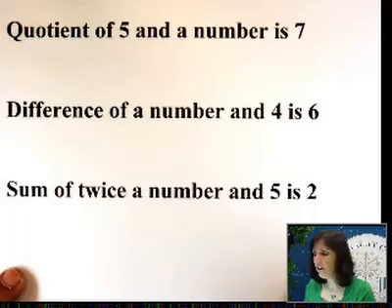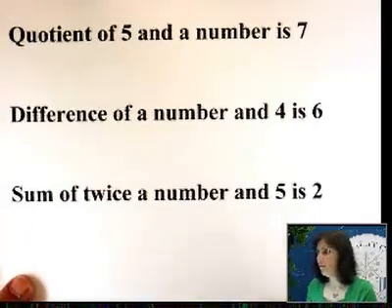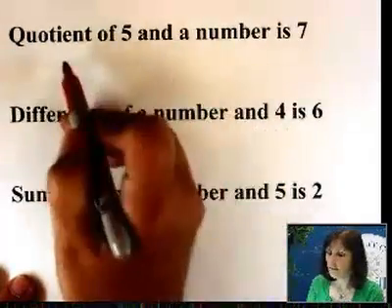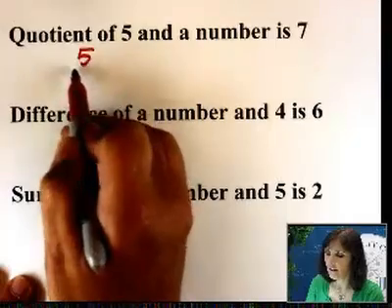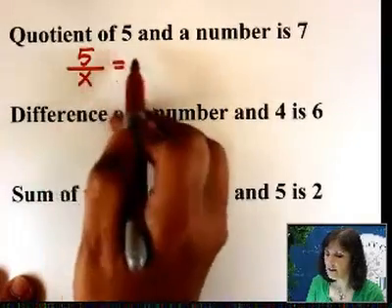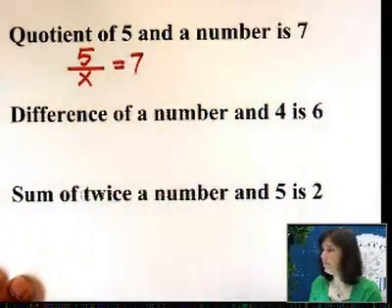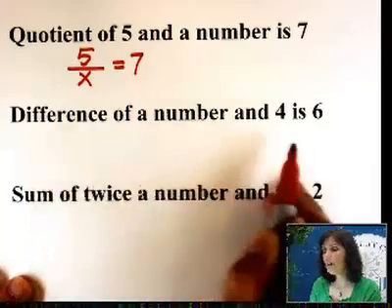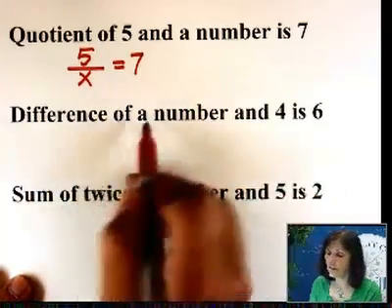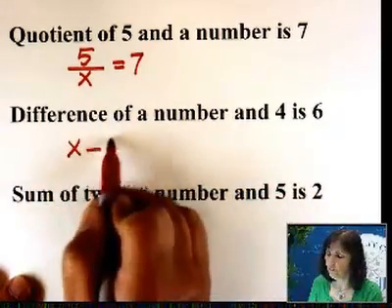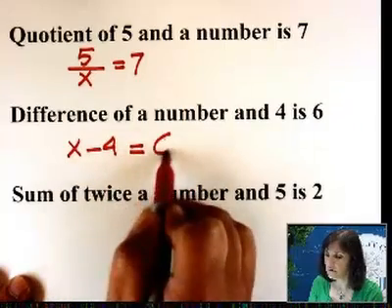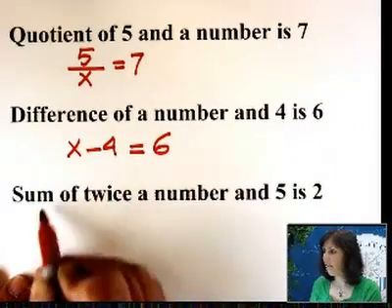Quotient of 5 and a number is 7. We are just writing down. Quotient of 5 and a number. What is that? Quotient. 5 and a number is 7. How about this one? Difference of a number and 4 is 6. How about this?